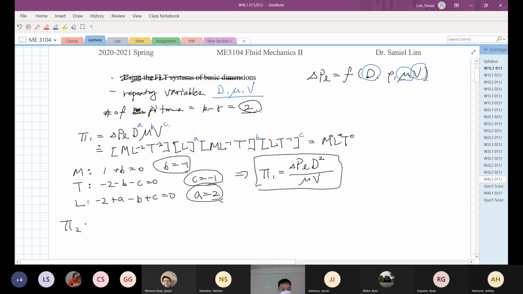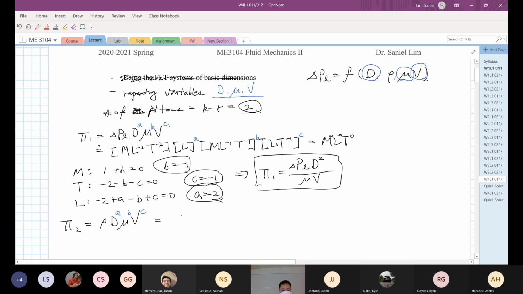Second pi, we solved them. So one thing we didn't solve is rho and D, mu, v, with exponents a, b, c.